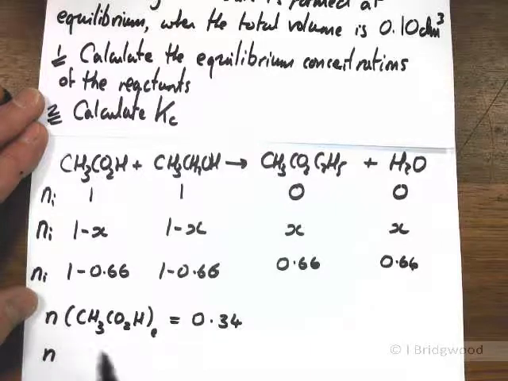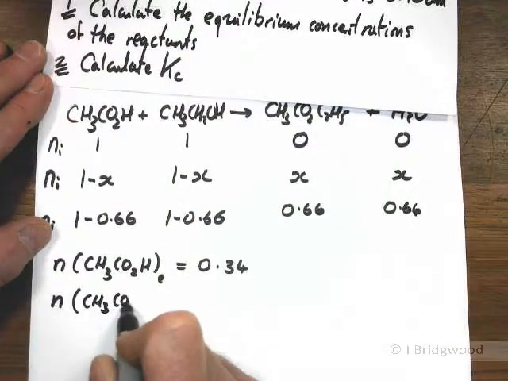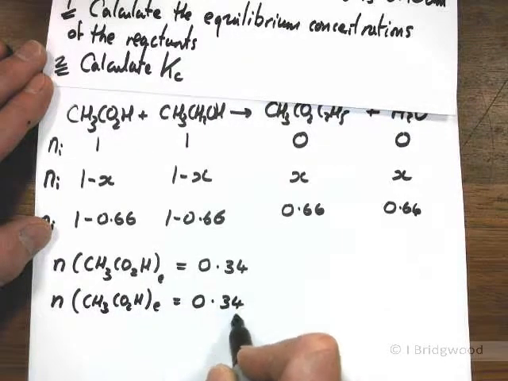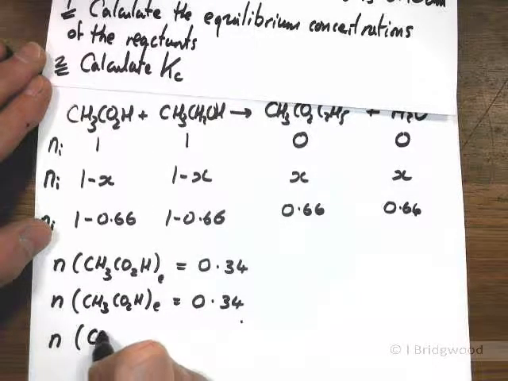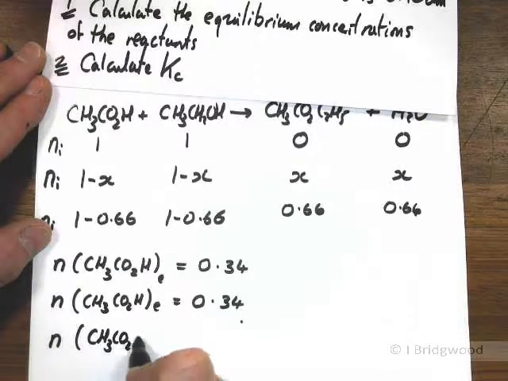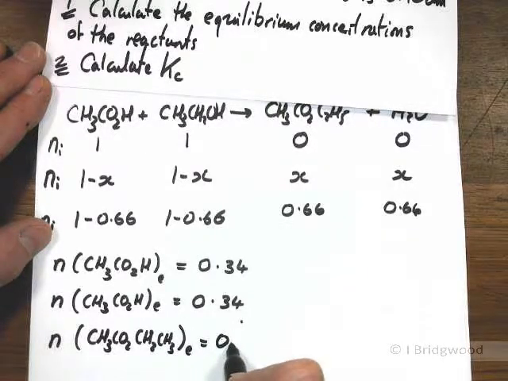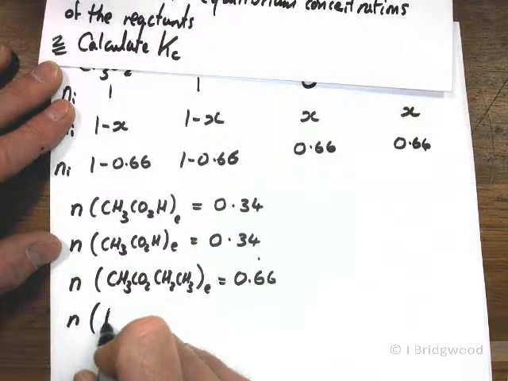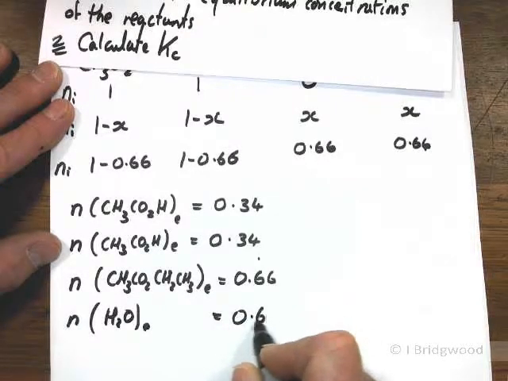The number of moles of ethanol at equilibrium is going to be equal to 0.34. The number of moles of ethyl ethanoate at equilibrium is 0.66, and the number of moles of water at equilibrium is going to be equal to 0.66.